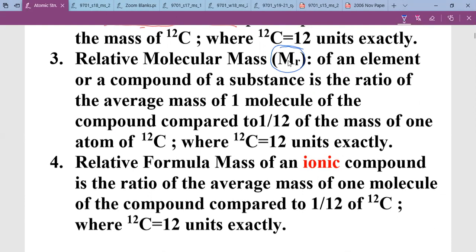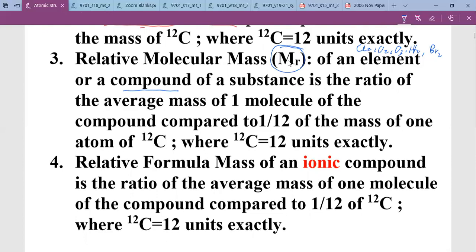It can also be used for elements like Cl2, O2, O3, H2 and Br2. For example, H2 is the Mr for hydrogen, while Ar of hydrogen is 1 or 2 or 3, depending on the usage or compound. For compounds, of course, it is for covalent.